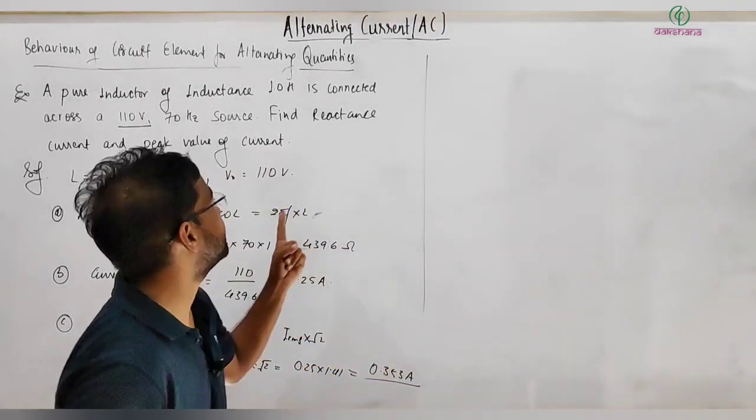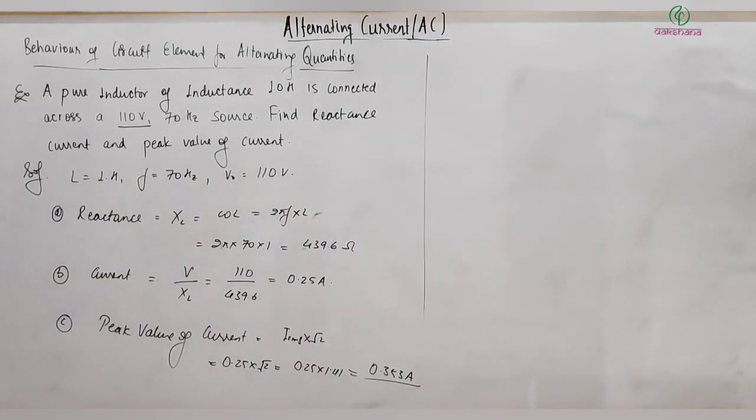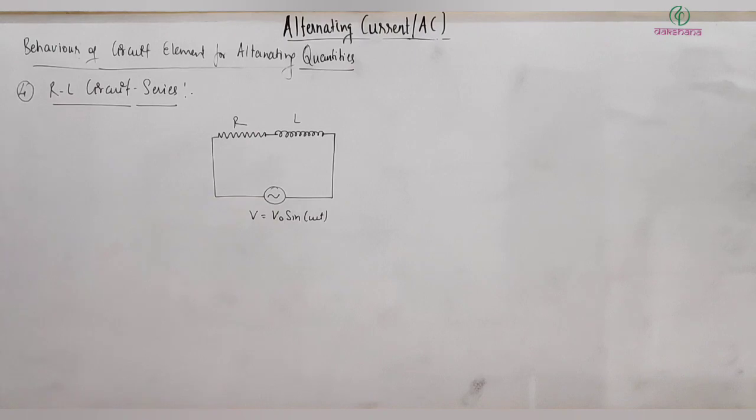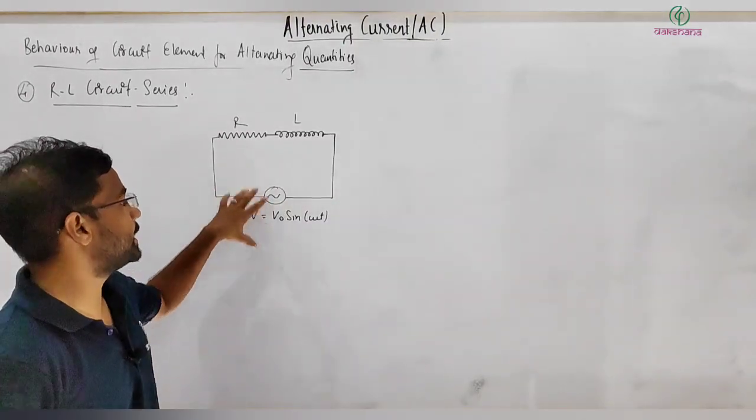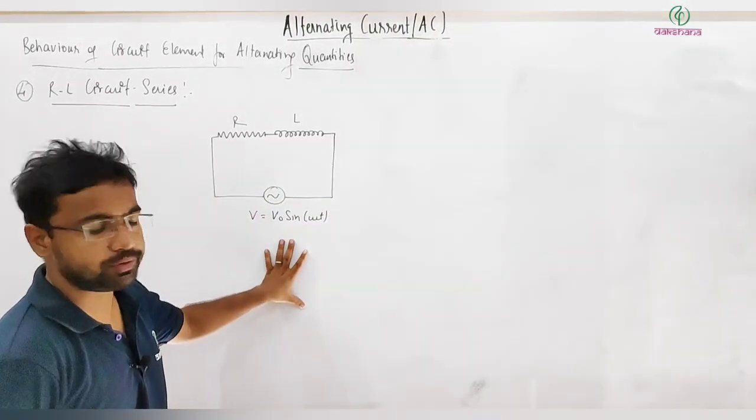So let me start next with the RL circuit. Let's consider the series RL circuit, where a resistance and an inductor are both connected across an alternating source of EMF.